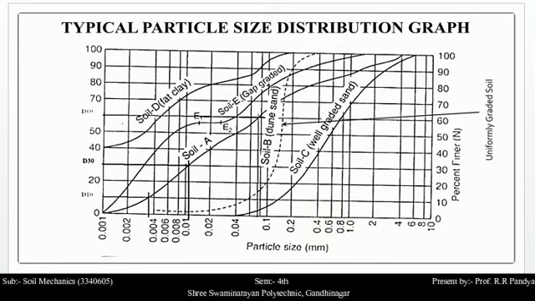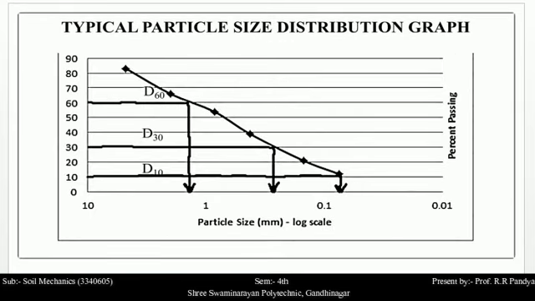From this reading, we can plot a typical particle size distribution graph, which is particle size versus percentage passing. From this graph, we can take the values of D60, D30 and D10.